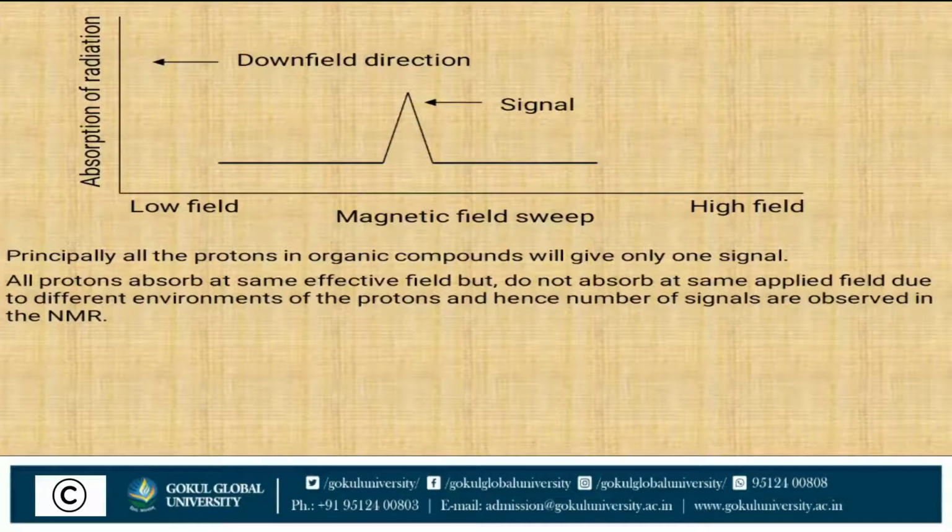So all protons absorb at the same effective field but do not absorb at the same applied field. I repeat this sentence: all protons absorb at the same effective field but do not absorb at the same applied field, due to different environments of the protons, and hence a number of signals are observed in the NMR.